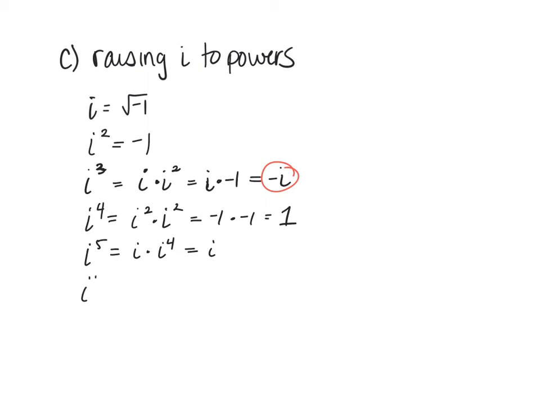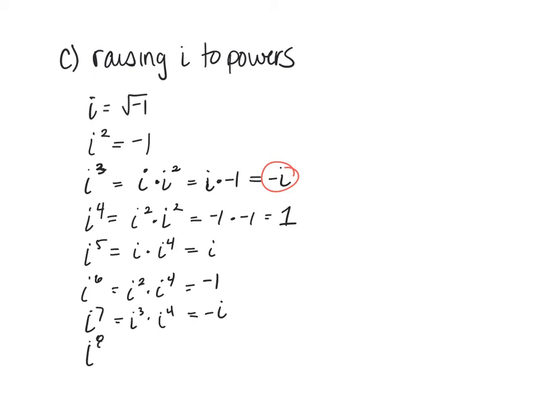If I go to i to the 6th, it's i squared times i to the 4th. So that's the same as i squared, because anytime I have i to the 4th in there, that equals 1. And so that's negative 1. And i to the 7th is i cubed times i to the 4th, which is negative i times 1, which is negative i.